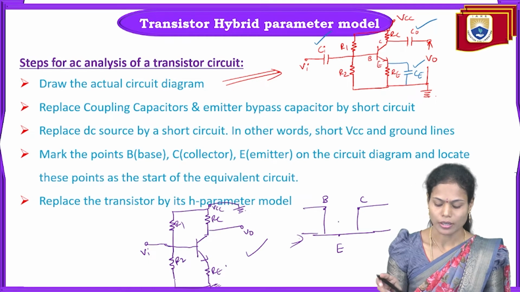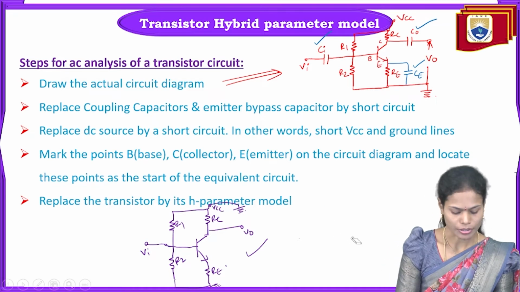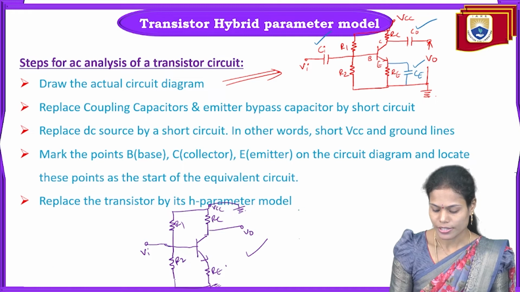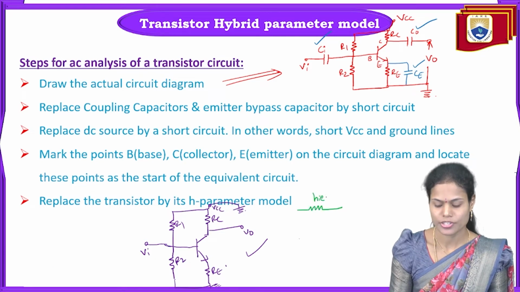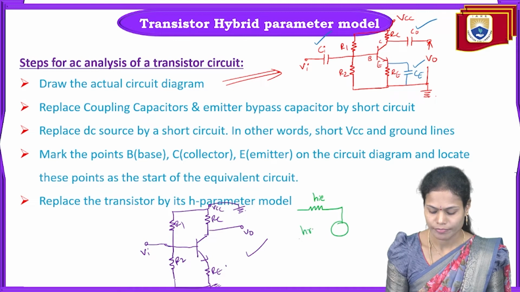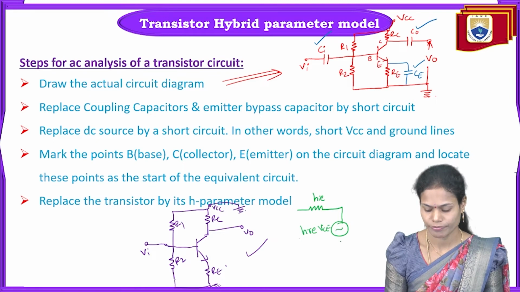So for this particular common emitter configuration, if we draw the H parameter model or AC equivalent circuit, we will get it as follows. First H parameter, HIE, input impedance, and here we are having HRE, reverse voltage gain, into output voltage.